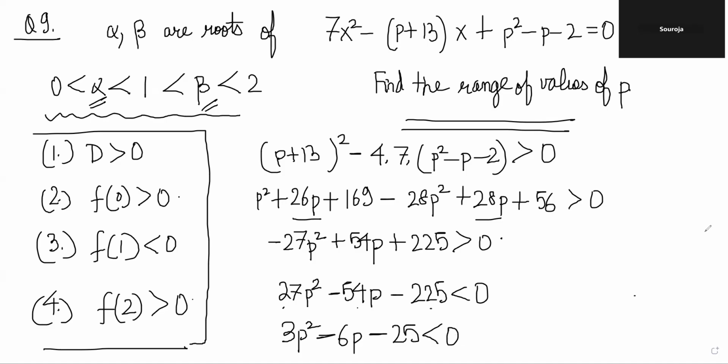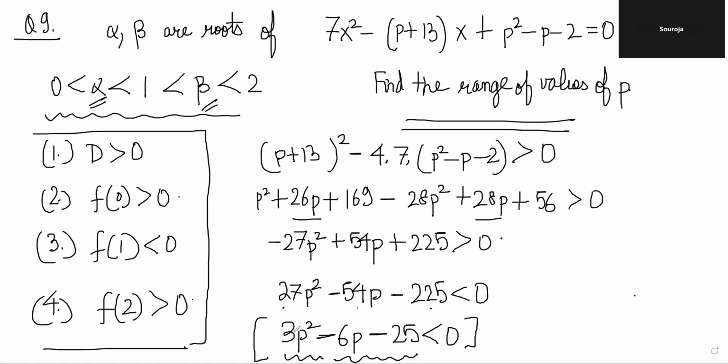Now, this is easily factorizable, hopefully. 1 second. Minus 75. Can we get 75, 15, 6? No, it is not easily factorizable. Okay, doesn't matter. We have a quadratic inequality. This quadratic expression has to be less than 0.